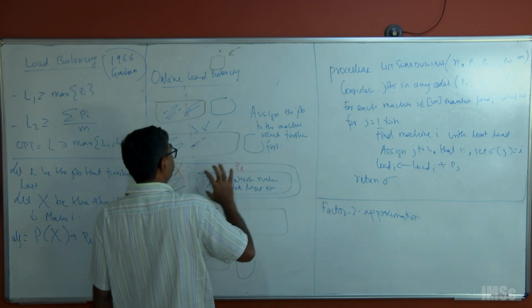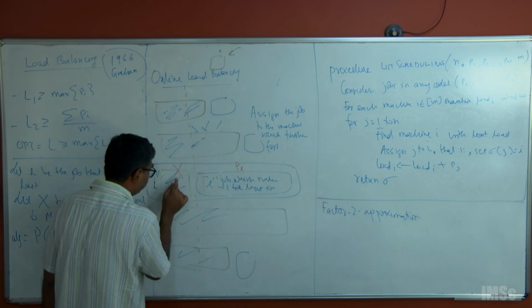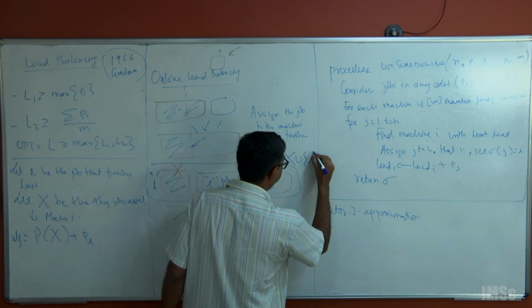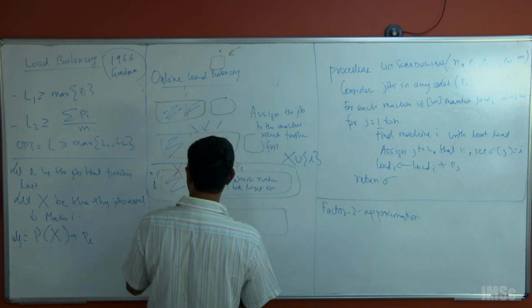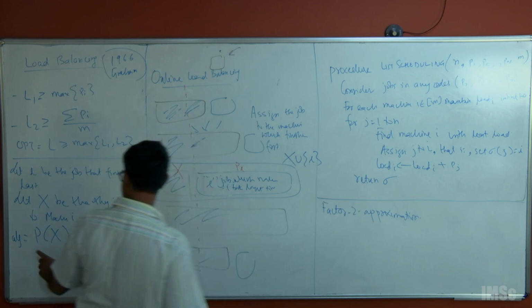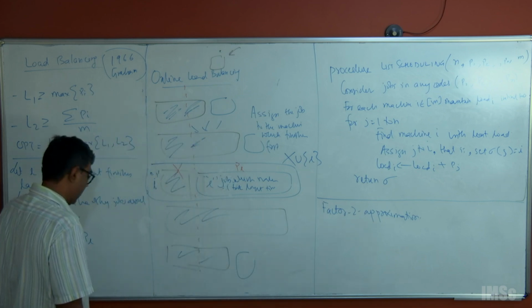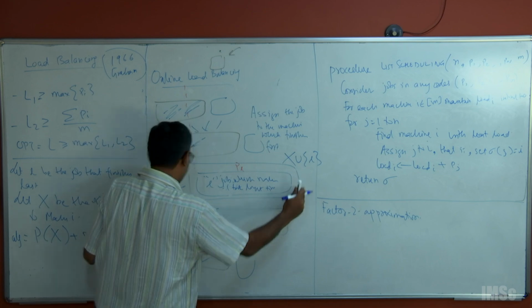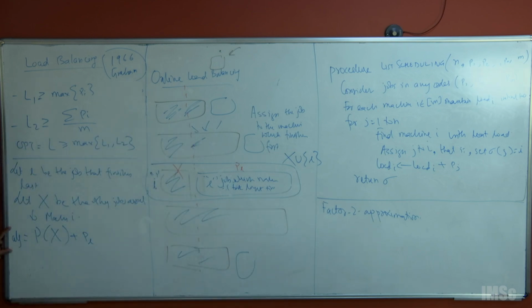If I delete this, what items are assigned to this machine? The items assigned are X union L. So the total time taken is the processing time of elements in X plus the processing time of L, and by our definition this is last. That is what the algorithm returns. So the makespan, or whatever we want to optimize, is what the algorithm returns, and we have to relate this to the optimum cost.